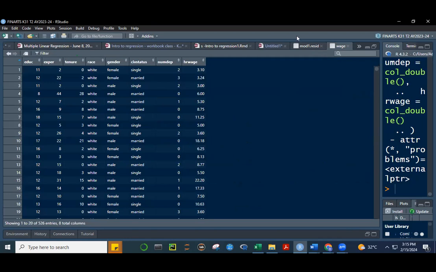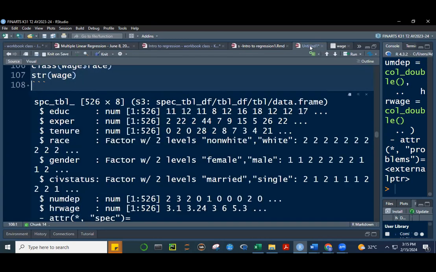Diba? Nauna si white. Ibig sabihin, sino ginawa niyang 1? Sino ginawa ni R na 1? Kasi white, if we take a look at this one, ito 2, 2, 2, di ba? Si white to, no? So, ibig sabihin, ginawa niyang 2 si white, tapos si non-white ginawa niyang 1.